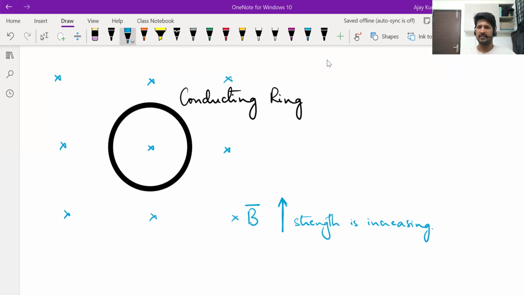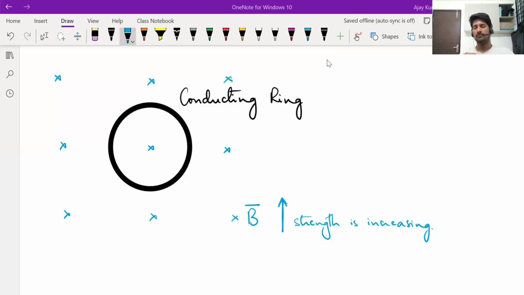I got one answer as anti-clockwise. What do you think is the direction of induced current in this ring? Sir, since it'll be opposing the change, it'll be anti-clockwise. Okay. See, the magnetic field is into the screen and it is becoming stronger, so inward flux is increasing.